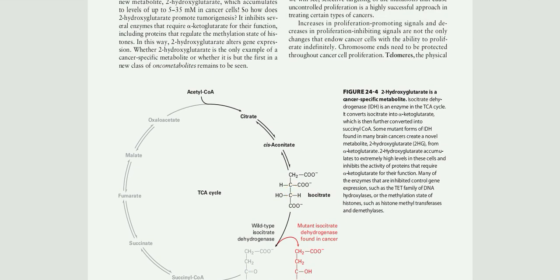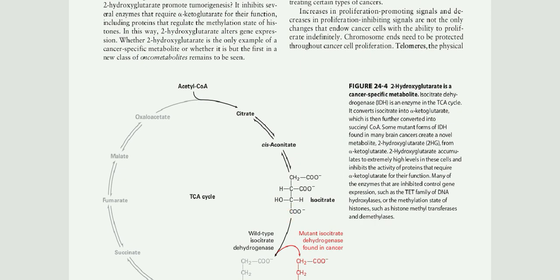2-hydroxyglutarate is a cancer specific metabolite. So isocitrate dehydrogenase, IDH, is an enzyme in the TCA cycle. It converts isocitrate into alpha ketoglutarate, which is then further converted into succinyl CoA.